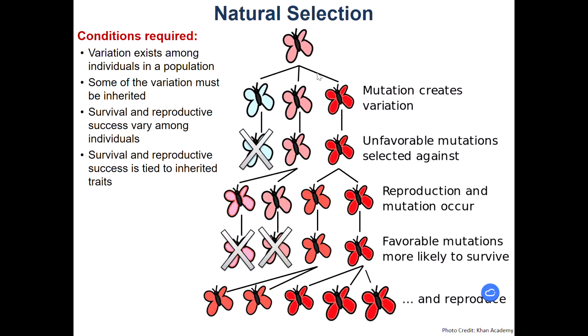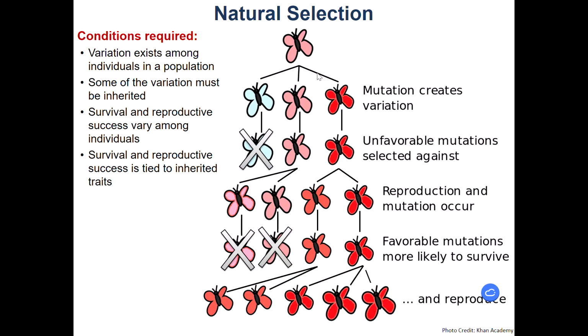This is natural selection happening. We have heritable variation. Survival and reproductive success is different among our individuals. This one died because it wasn't fit for its environment. Reproduction and mutations continue to occur. So now we have our pink butterfly, and now it's a different pink, and we have different shades of red. Favorable mutations are more likely to survive over time, so we're on our red flowers.